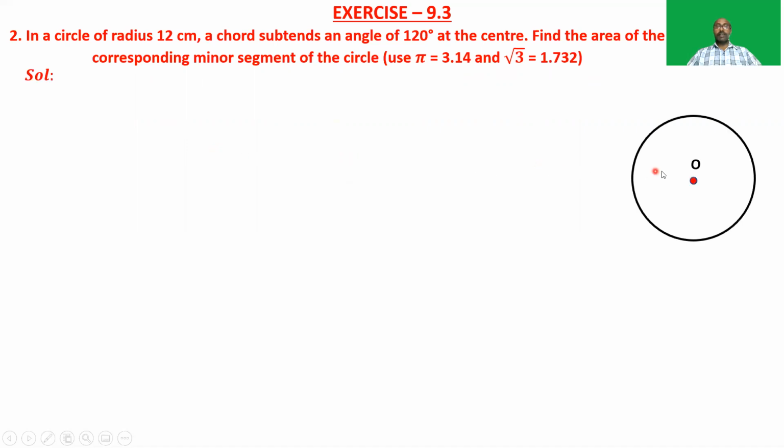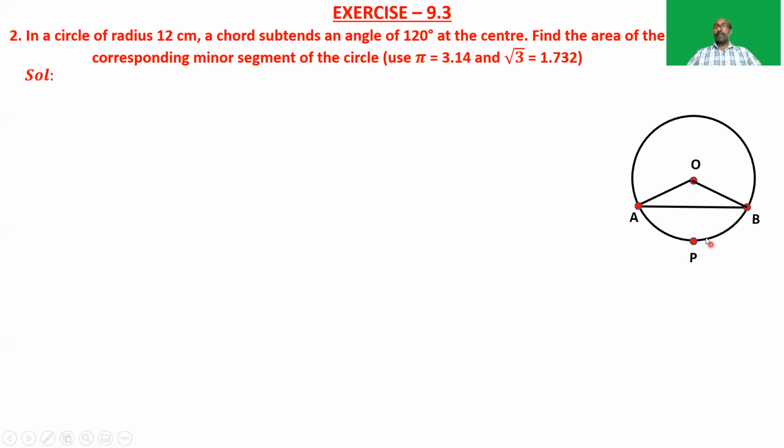So here the circle with center O and AB is the chord which subtends an angle 120 degrees at the center. Let P be a point on minor arc, as we have to find the area of minor segment.